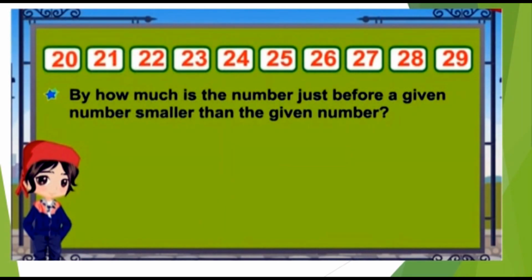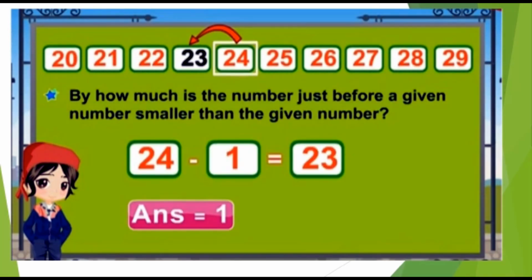Next question. By how much is the number just before a given number smaller than the given number? The number just before a given number is smaller than the given number by 1. So the answer is 1.